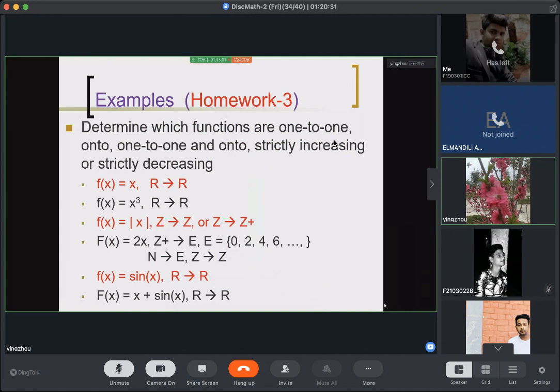Three, two, one, onto: whether or not it satisfies strict increasing or strict decreasing.